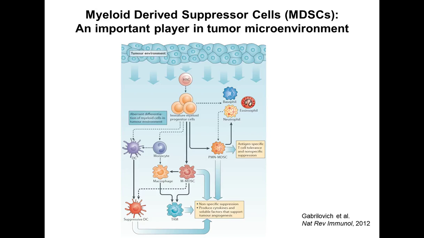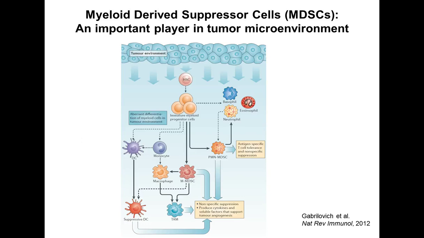Myeloid-derived suppressor cells are a heterotypic population of myeloid cells that are induced by cancer or other diseases such as acute infection. This diagram shows both the normal and abnormal differentiation pathways for myeloid cells. The thin dotted lines represent the normal differentiation. These cells come originally from the bone marrow hematopoietic stem cells and become progenitor cells.